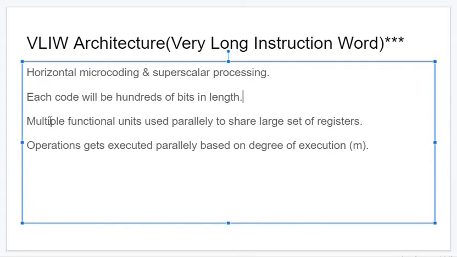Multiple functional units means that to calculate the distance between two planets, we cannot use only one engine or one algorithm or only one procedure or one user defined function. We should have multiple user defined functions working on different parameters. Each function works on different parameters, and also we cannot say one function after another. They should execute at a time.